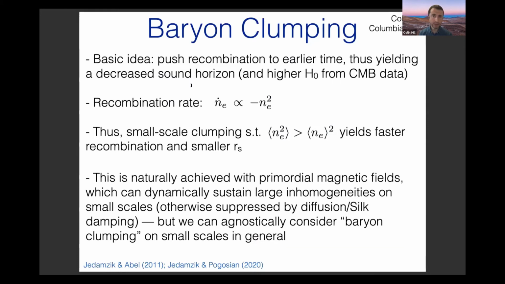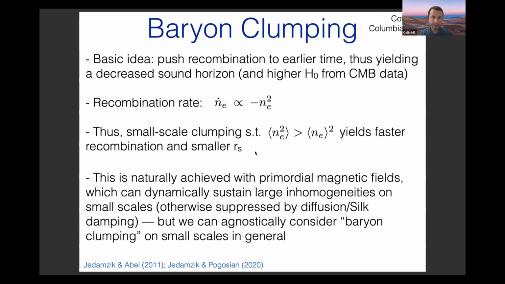And the way this is achieved here is to note that there's a term in the recombination physics, the recombination rate, which goes like the square of the electron number density. So if you induce large inhomogeneities on small scales in the electron distribution, you can take advantage of the fact that the average of the square is greater than the square of the average to get faster recombination, such that recombination happens earlier, and thereby you get a smaller sound horizon.